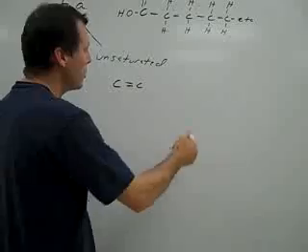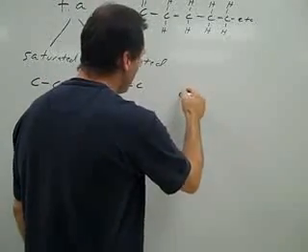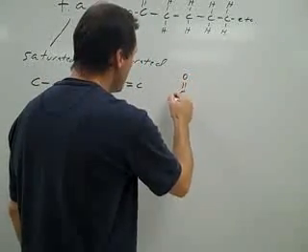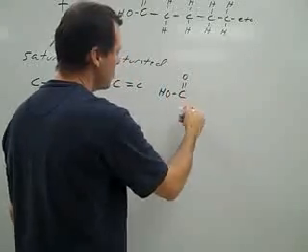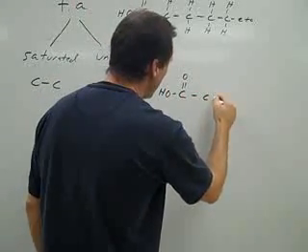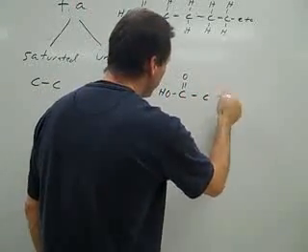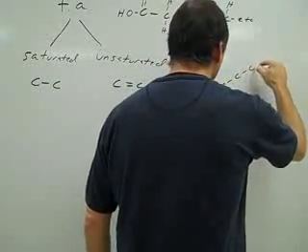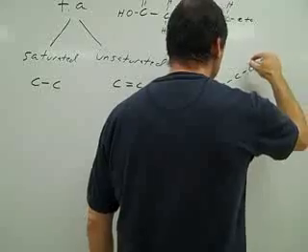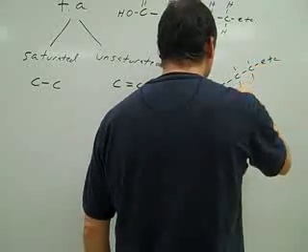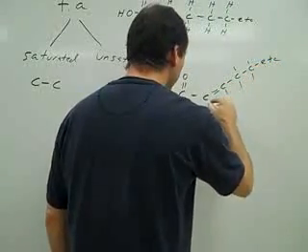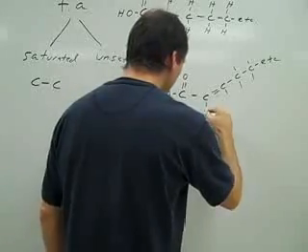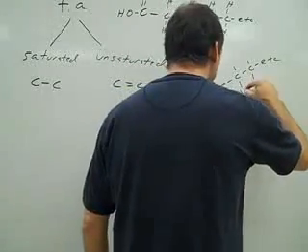Unsaturated fatty acids look like this. Carbon, double bond oxygen, OH, so there's our carboxyl group. And here's our carbons, etc. We'll put our hydrogens on the carbons.